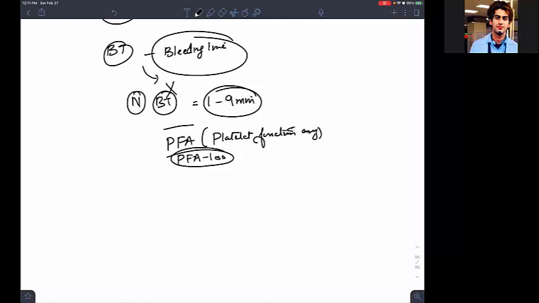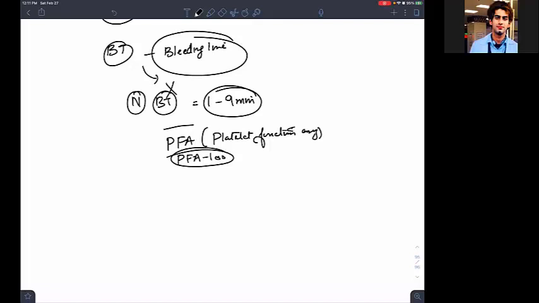Am I bleeding more or less? Very good, I'm bleeding more. That is, my plug is taking more time to set up and close. So if I have increased BT, the person has a bleeding disorder, is hemorrhagic, and has more tendency to have hemorrhages.